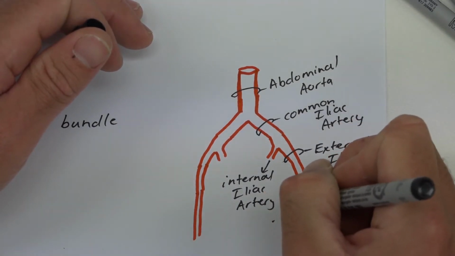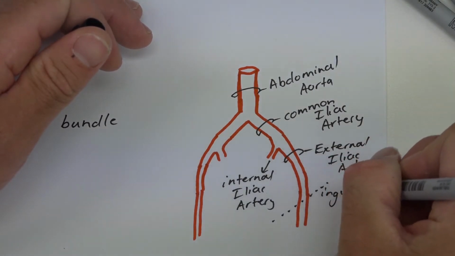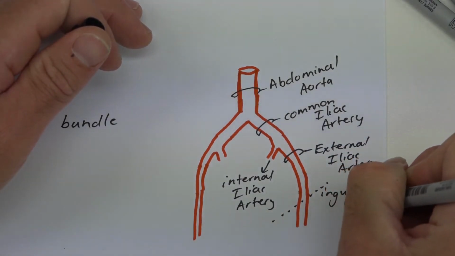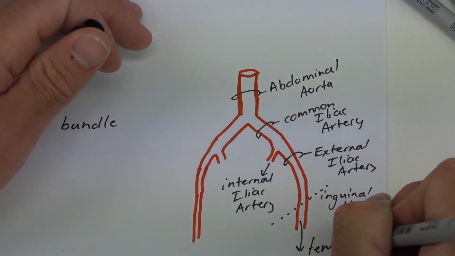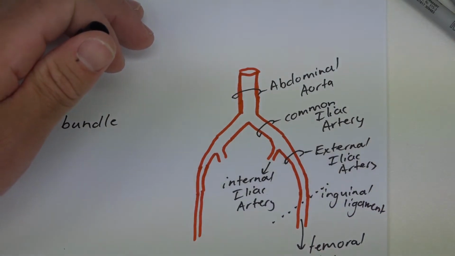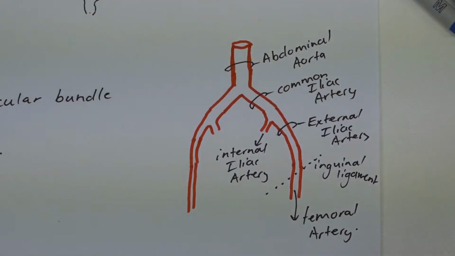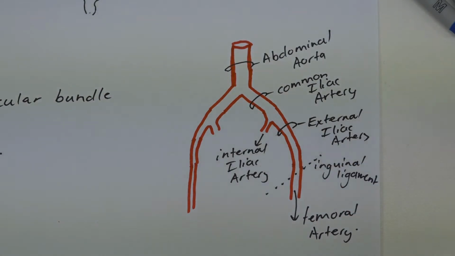And if it was to go beyond the inguinal ligament, it would be called the femoral artery, as it continues into the thigh. Now the femoral artery will wind up behind the knee at some stage and be called the popliteal, but we'll get to that one a little bit later.